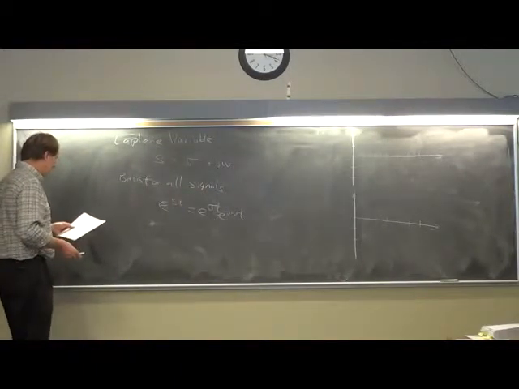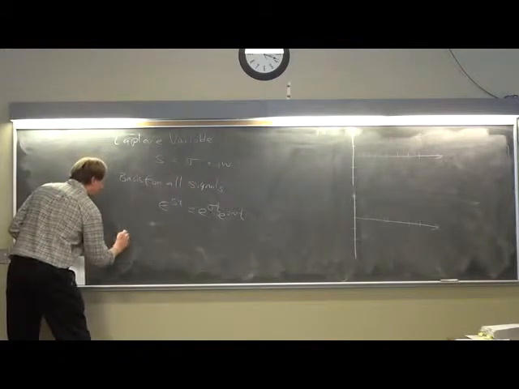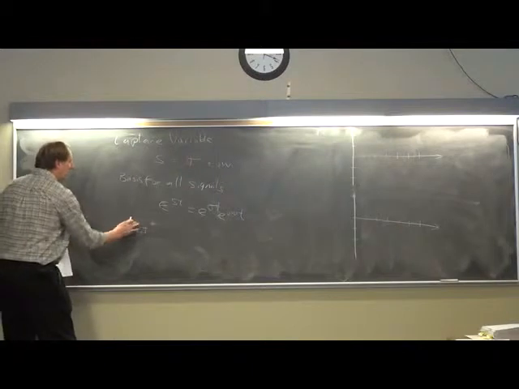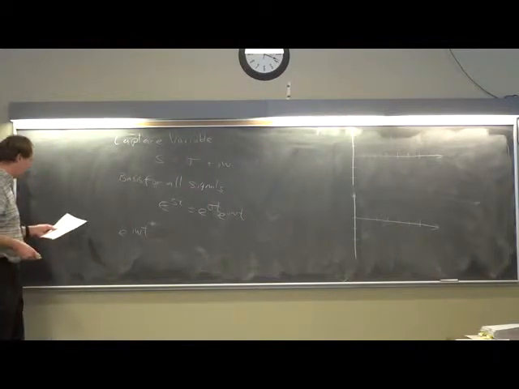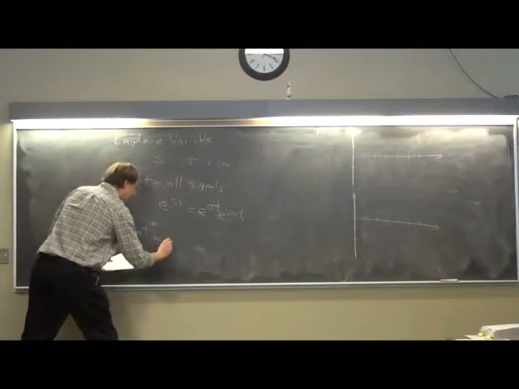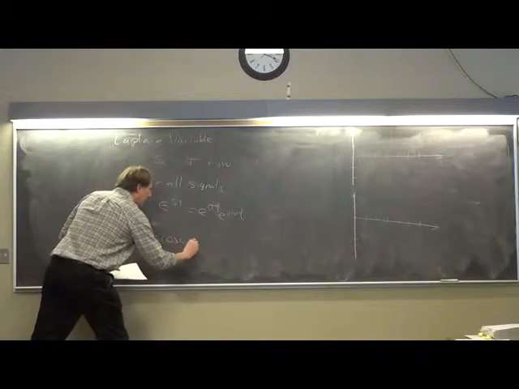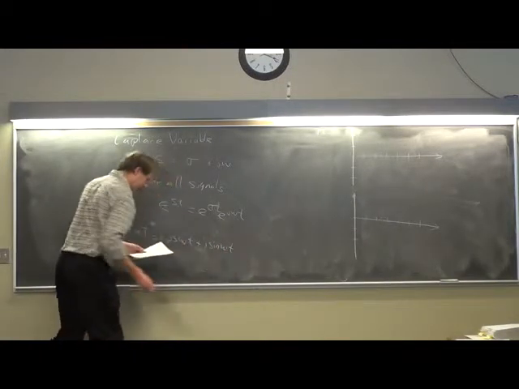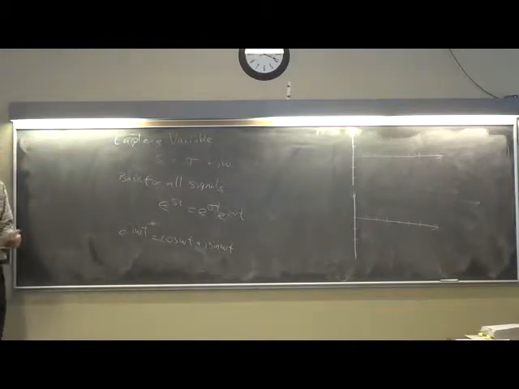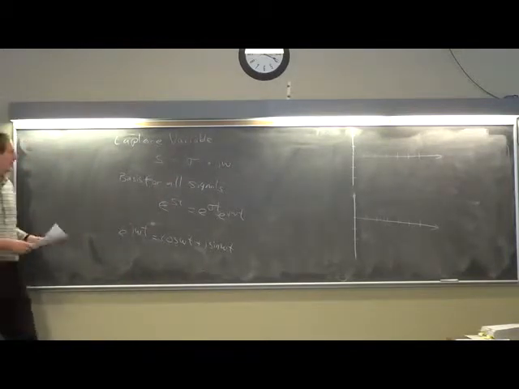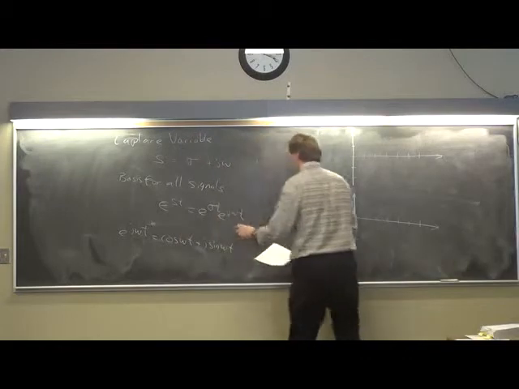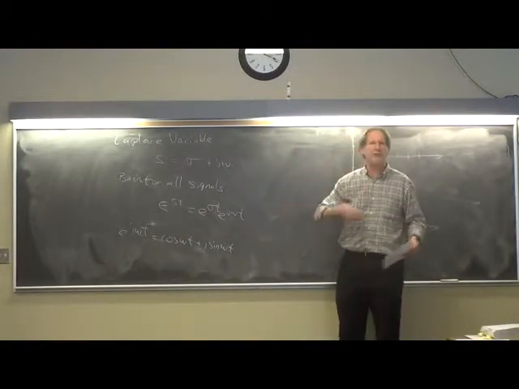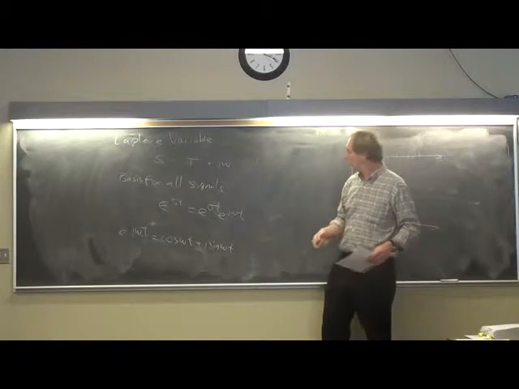e to the j omega t is our fundamental sinusoid, our complex exponential. It's the cosine of omega t plus j sine omega t. This piece over here doesn't decay. It moves around the unit circle.